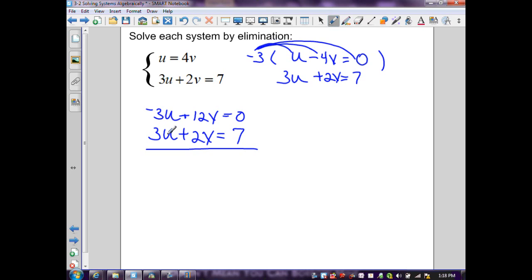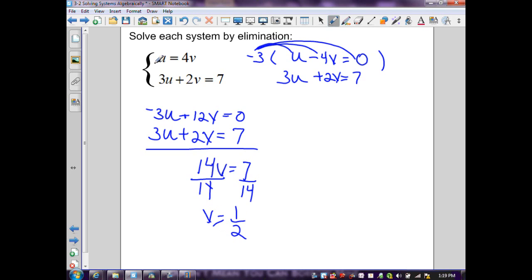The u variable eliminates. That leaves me 14v equals 7. Divide by 14, and v is equal to 1/2. Now I just substitute the value of v into one of the equations.